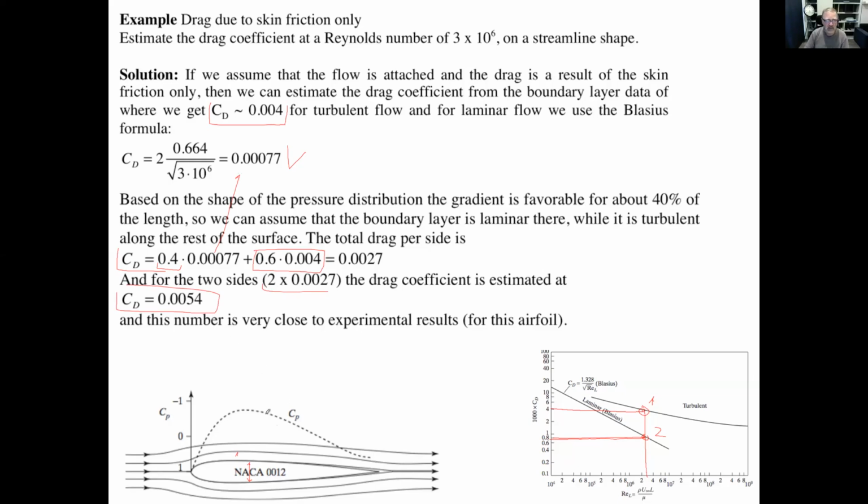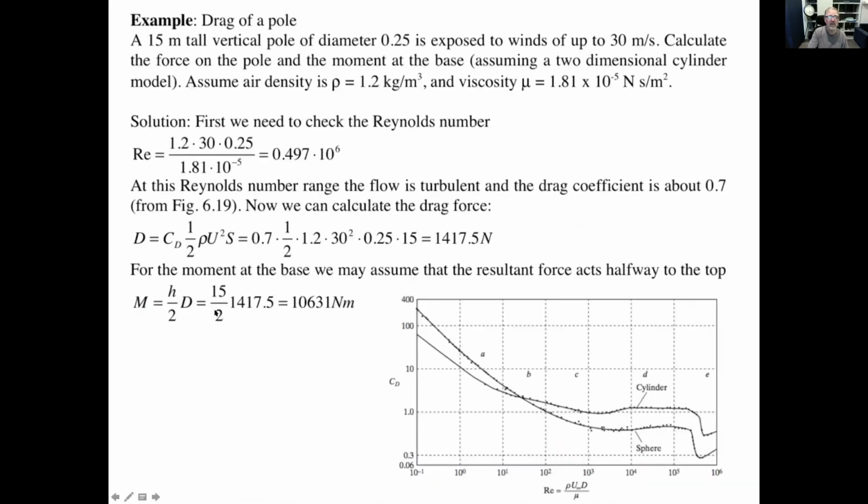So the story here is that the flow is laminar and then becomes turbulent, but the drag is a result of skin friction. This is skin friction. And look at the numbers. The CD numbers are very, very small, because this is an attached flow case.